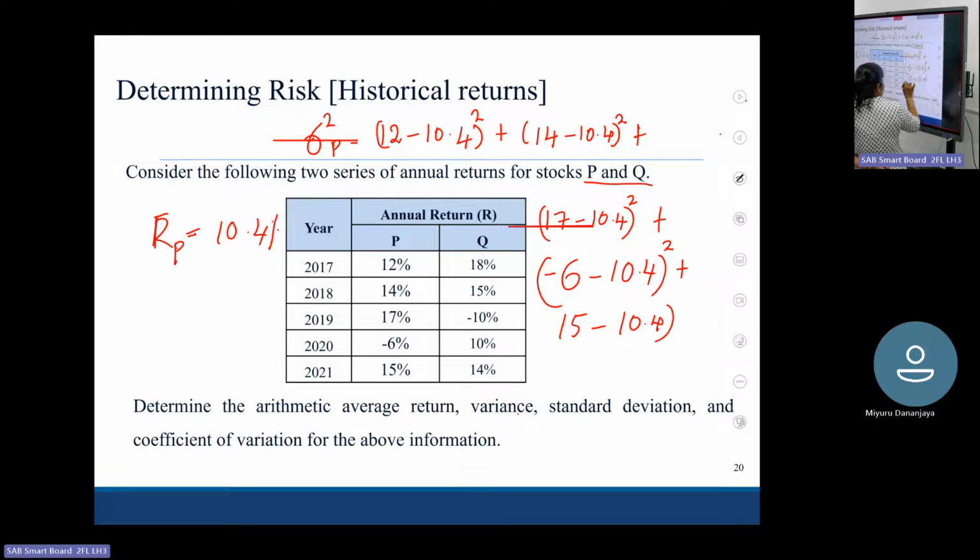Then you get the total, the summation. That total you have to divide by n minus 1. N minus 1 means 5 minus 1, that is 4. And then the total is it.